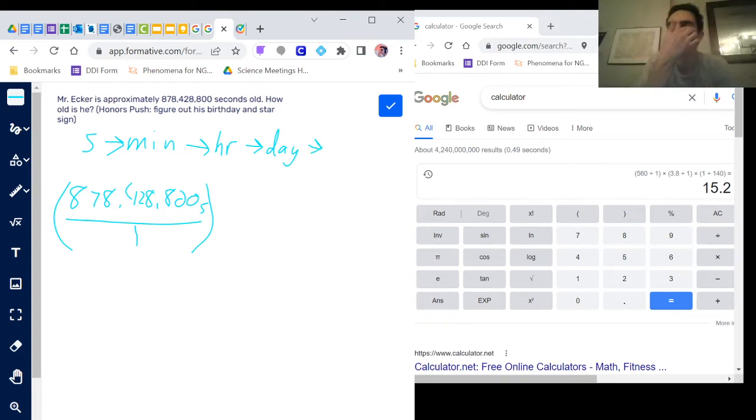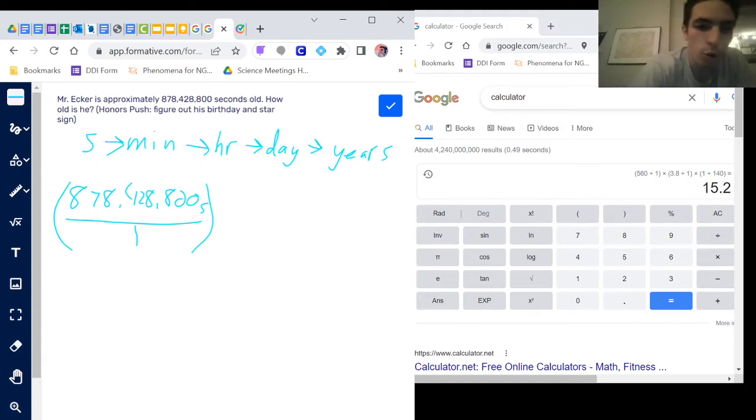And from here, you might be thinking we go from days to weeks, weeks to months, months to years. The possible issue with that is that there aren't always the same number of weeks in a month, and we can skip some of those steps because we know exactly how many days are in a year, assuming that we're not in a leap year. I will be making that assumption, just for simplicity here. So we'll go from days to years.